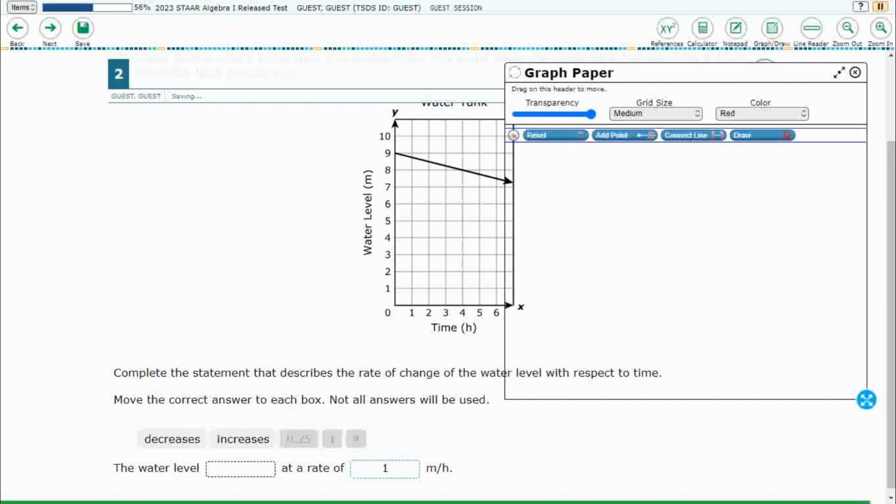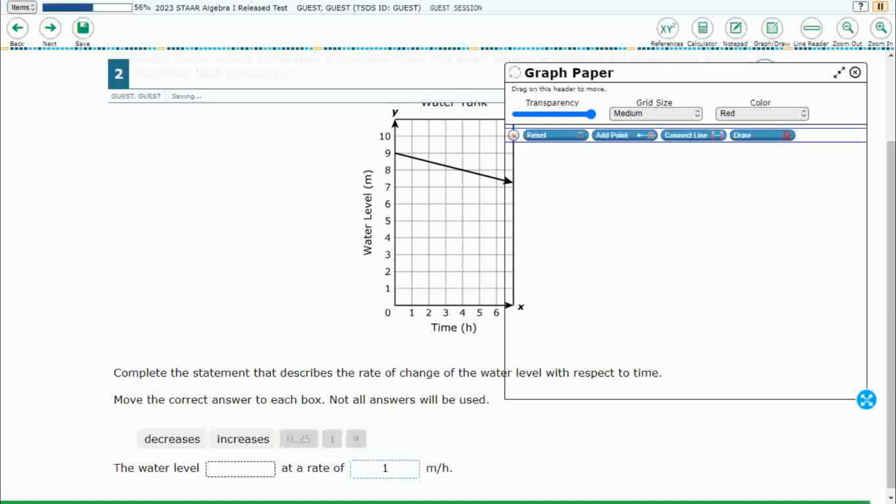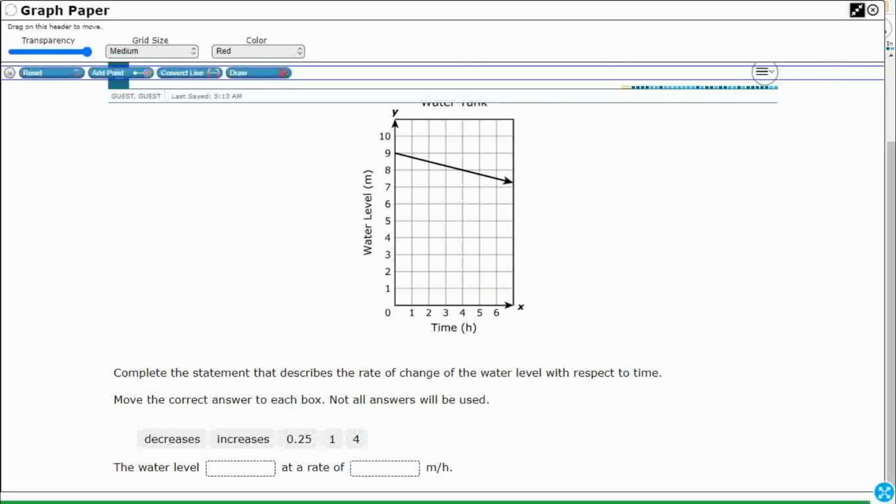If I only try to answer with one, it is going to give me an error message saying you have not answered everything. So we need to choose either decreases or increases, because the water level decreases or increases at a rate of, and then one of those numbers. So that's helpful to know.